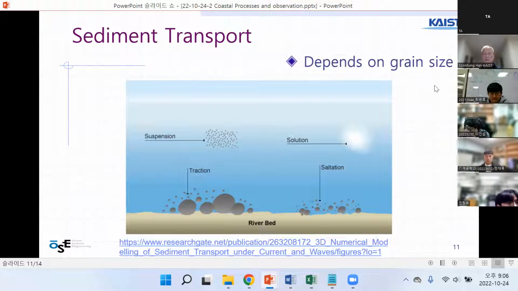So it depends on the grain size. Okay? And there is a suspension that's coming together with the water, and solution can be of smaller size, and big gravels or stones, and smaller ones are moving.